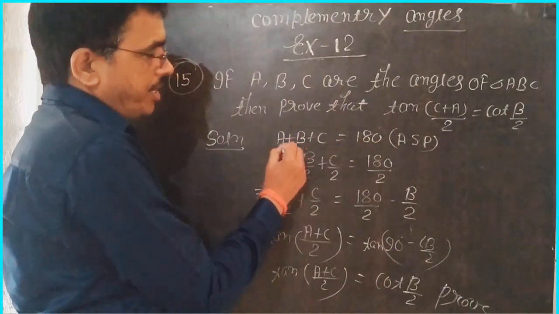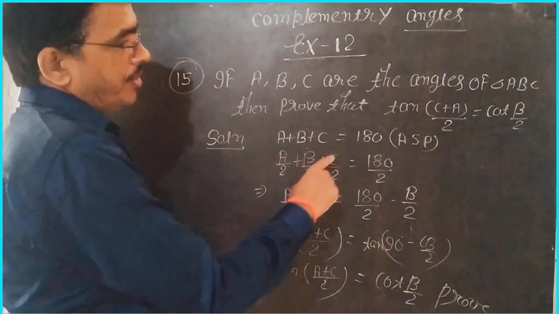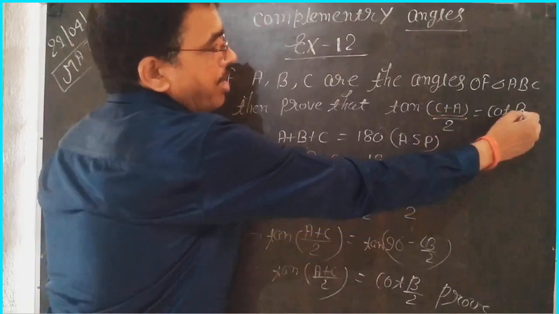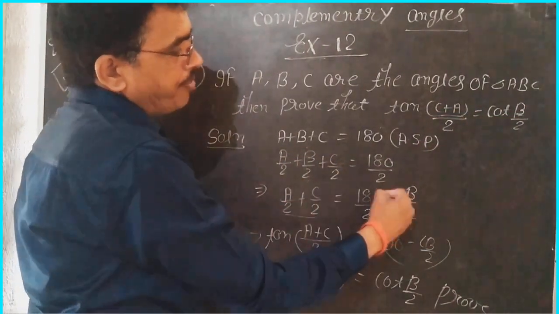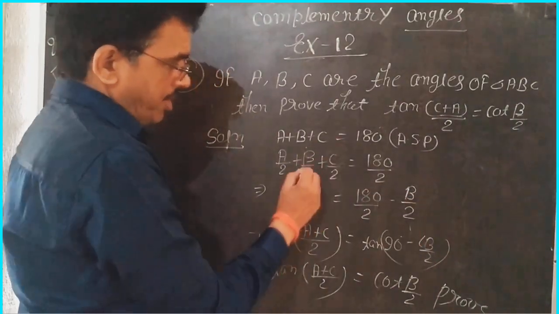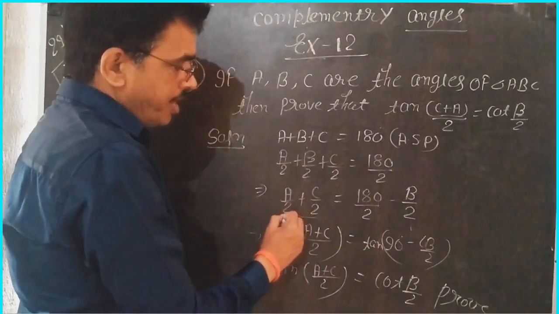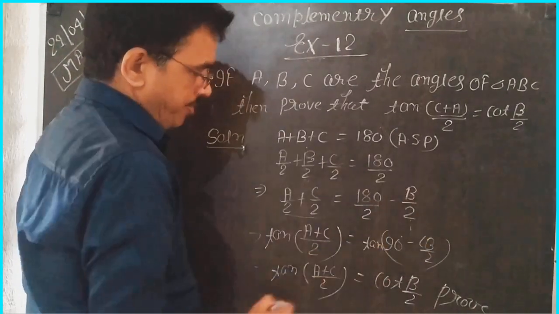What we get here? A by 2, B by 2, C by 2, 180 by 2. In your question, A plus C is in LHS and B in RHS. So you take A plus C in LHS and B in RHS. B by 2 is plus, so going that side it is minus. Here is A by 2 plus C by 2. Here is 180 by 2 minus B by 2.